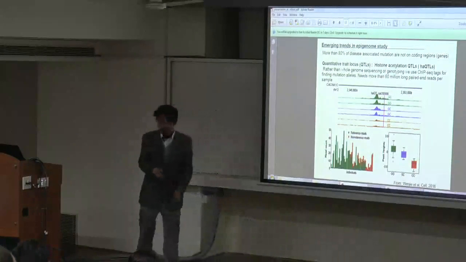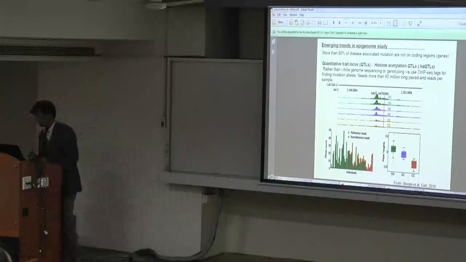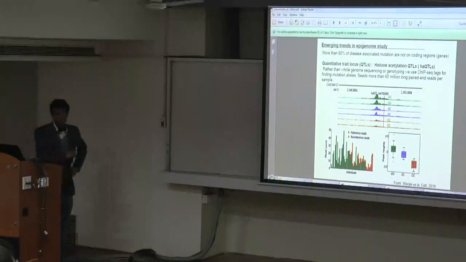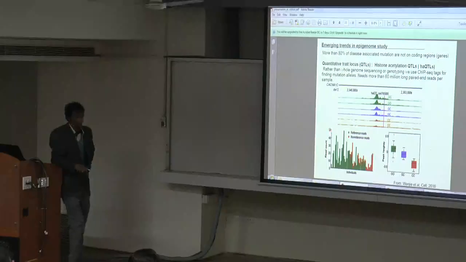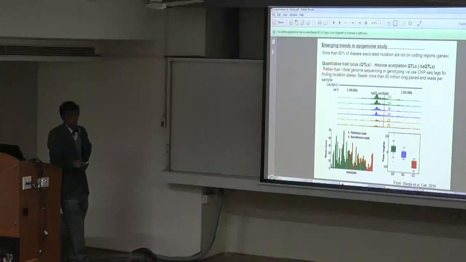Now, coming to emerging trends in epigenome. So far, I have shown you the things that have been happening like before 3 years. But what are the recent epigenome trends?